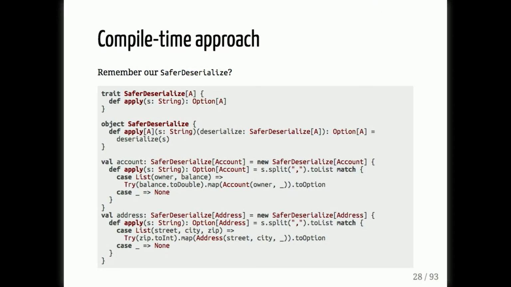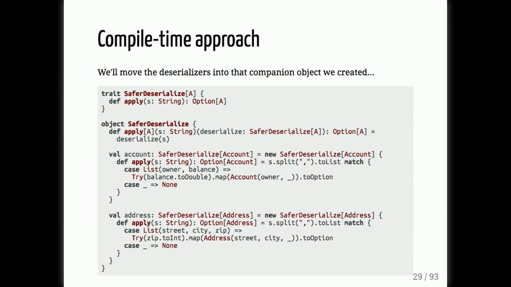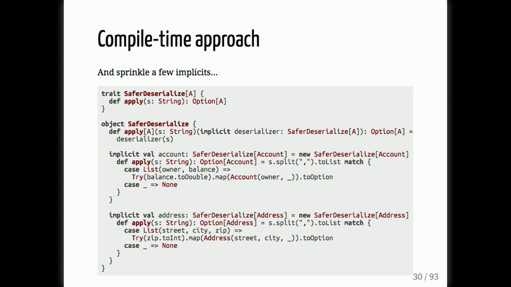So this is our safer deserializer. This is the one that returns the option, where we have to pass around all of the things. Let's make a few minor modifications. Let's move those deserializers into the companion object, and then let's sprinkle some implicit keywords in there. The only difference here: implicit, not implicit.